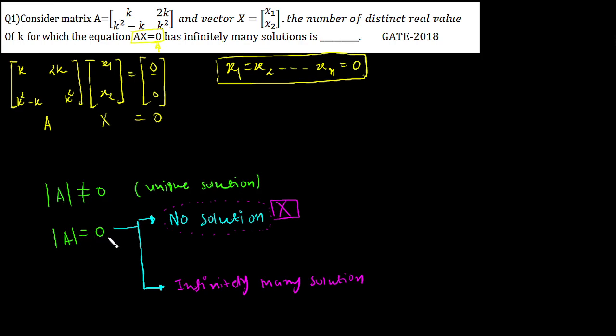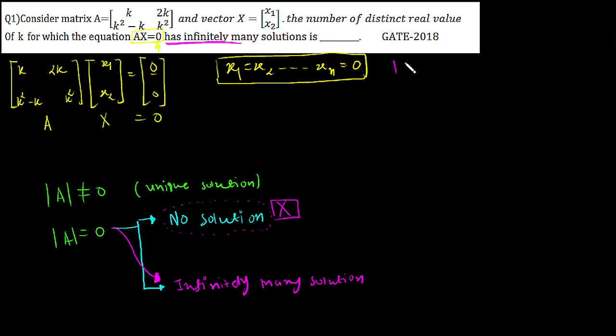If the determinant equals 0 for the coefficient matrix of a homogeneous system, then the only remaining possibility is that the system has infinitely many solutions. So in order for this system to have infinitely many solutions, as given in the question, we simply have to find the determinant of A and equate it to 0.